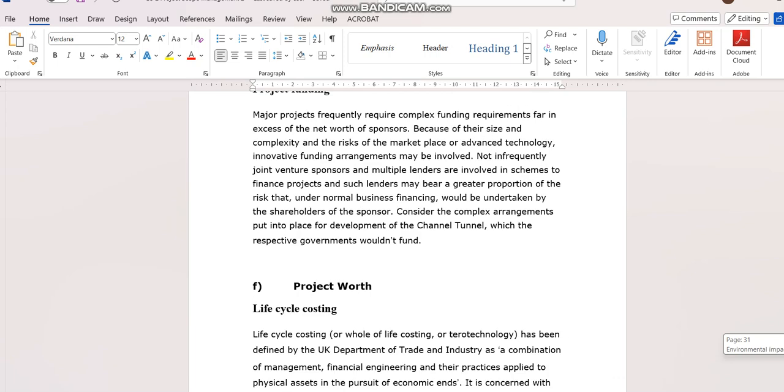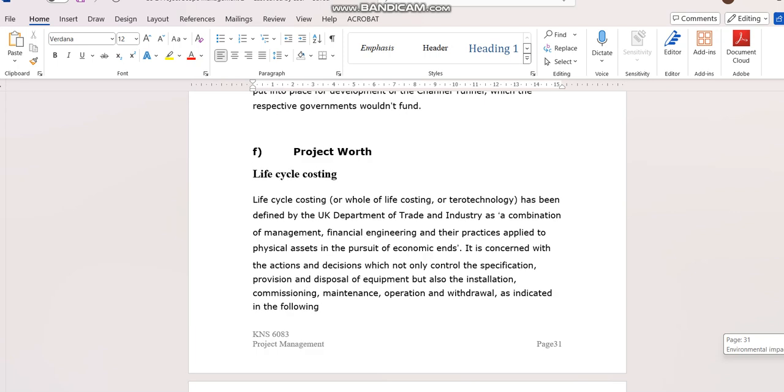The other issue that we need to talk about is whether the project is worth it or not. This is about the value of it, whether it is the most optimized. This is dealing with life cycle costing. Okay, so I think I've prepared for you a separate recording on life cycle costing.